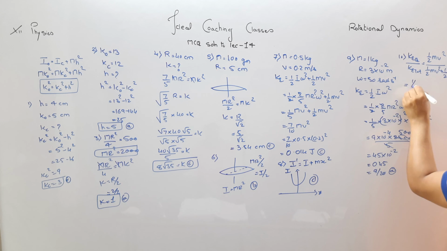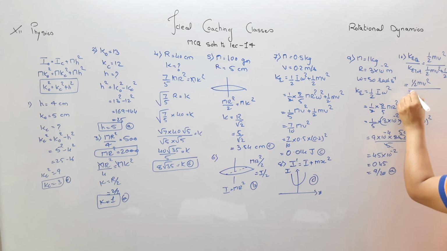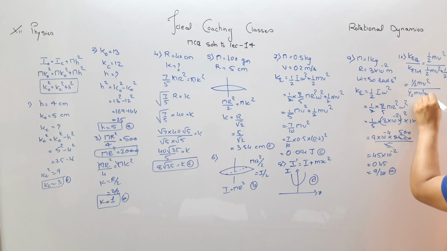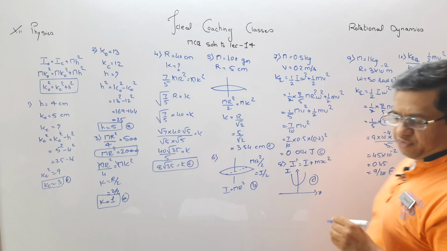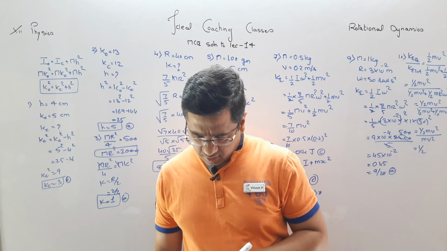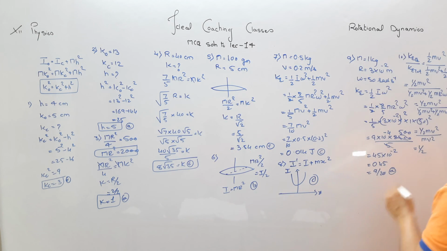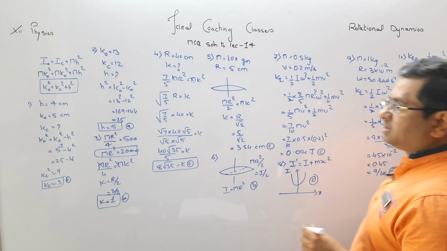Half of I is how much? It is mr square omega square, क्योंकि ring है ये. Half of mv square upon half of mv square plus half of mv square, which is equal to half of mv square upon mv square. ये cut हो जाएगा, मेरा answer आएगा half. है क्या? Yes, the answer is B, second option.